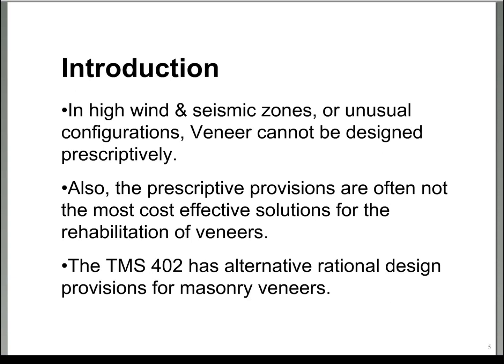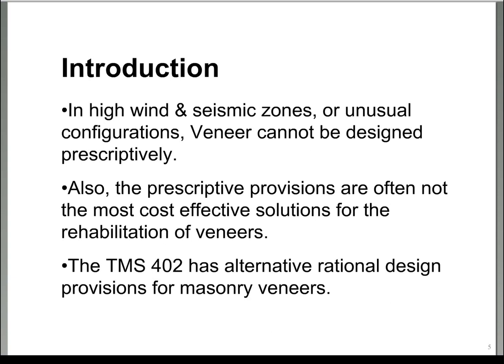In addition, these prescriptive provisions, particularly when I'm coming in and trying to retrofit, are not very effective. To replace them back to the code-mandated configuration gets very costly. So when you're rehabbing veneers, you generally want to do a rational design because it's much more cost-effective.